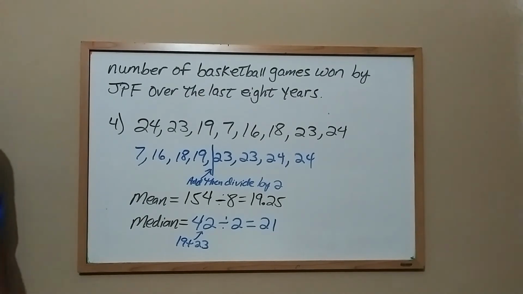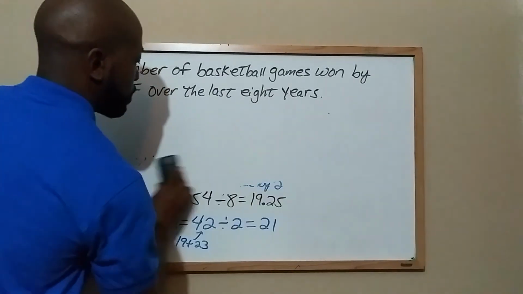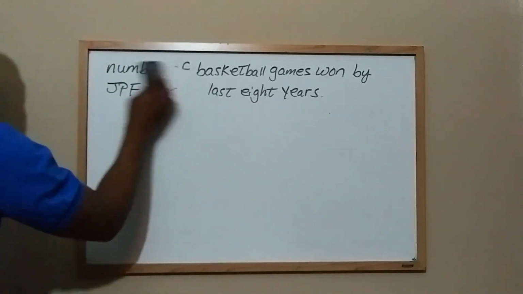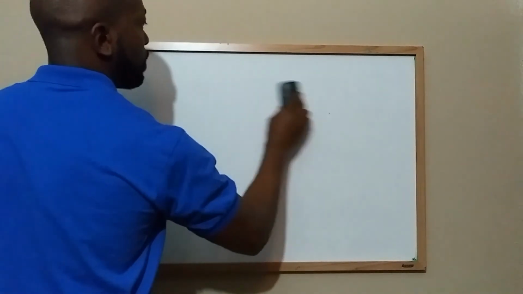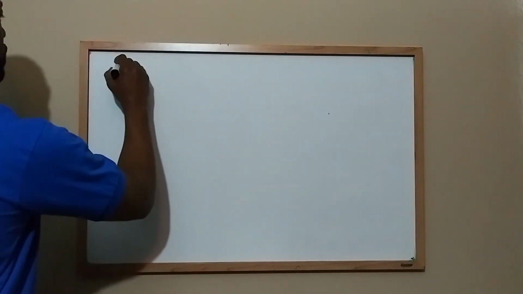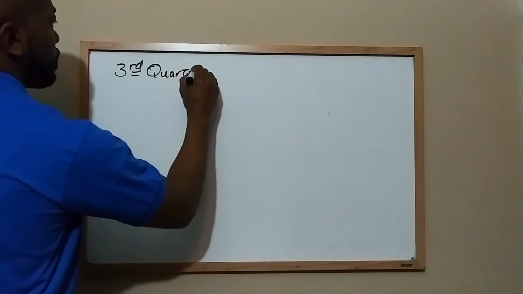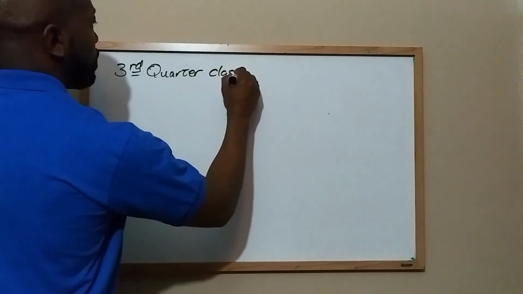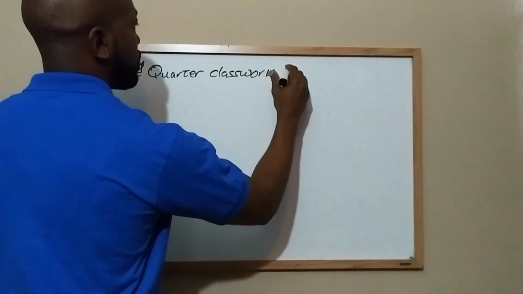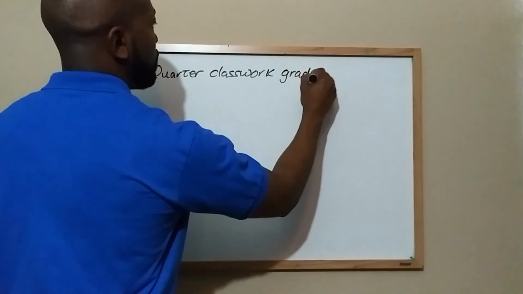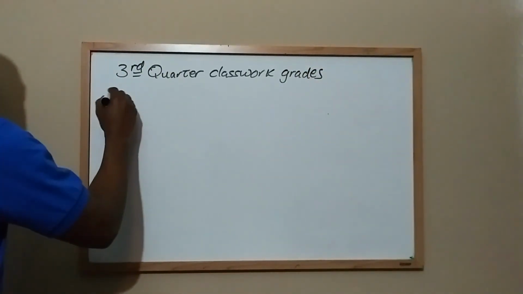Right? One more example. So in this example, let's make this third quarter classwork grades. So this is number 5.